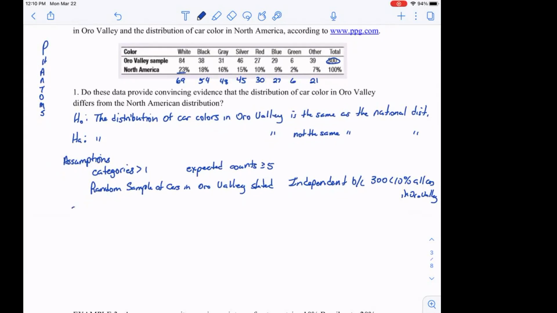Now, again, it doesn't matter where this is written. We talked about it from the very beginning: this is a chi-squared test. Again, we're going to write goodness of fit behind it for me. AP test wise, don't put anything behind it. Just write down chi-squared test and call it good.